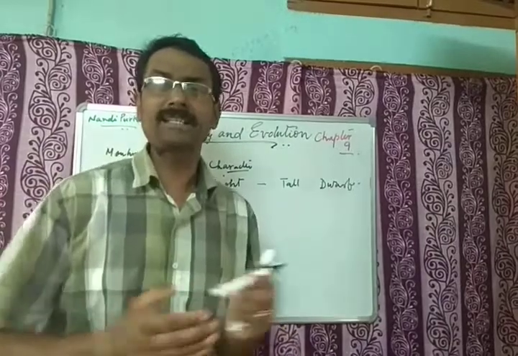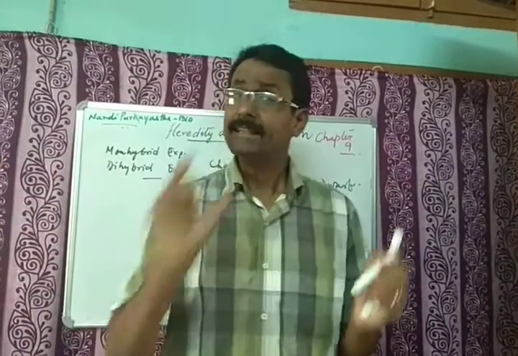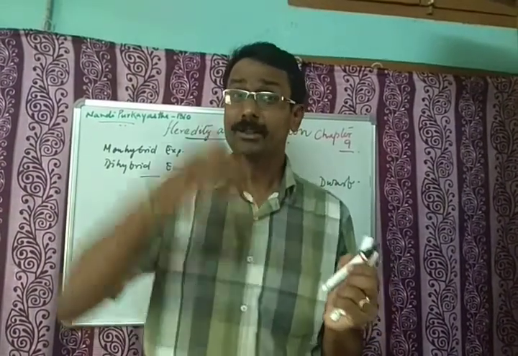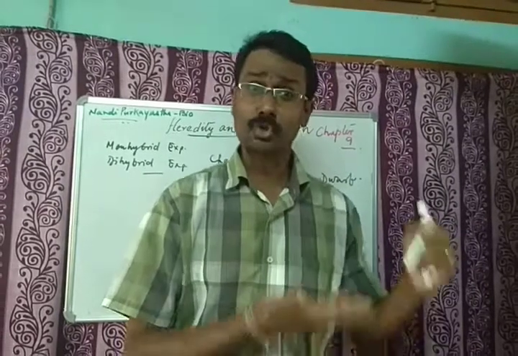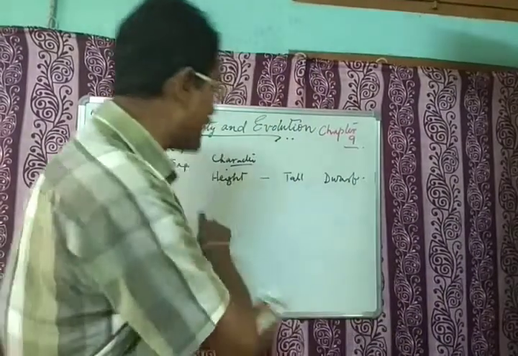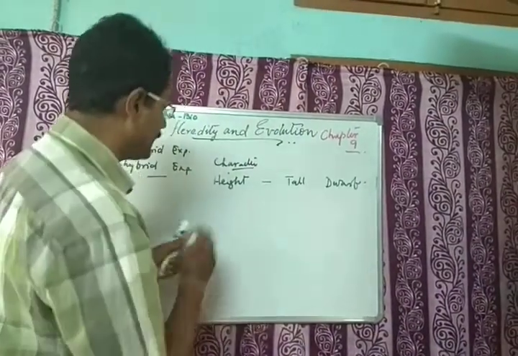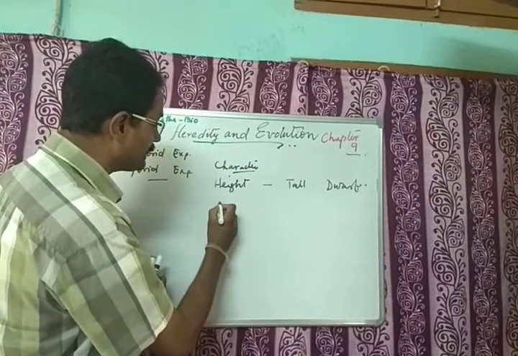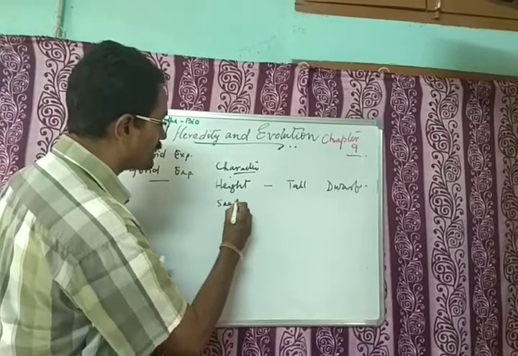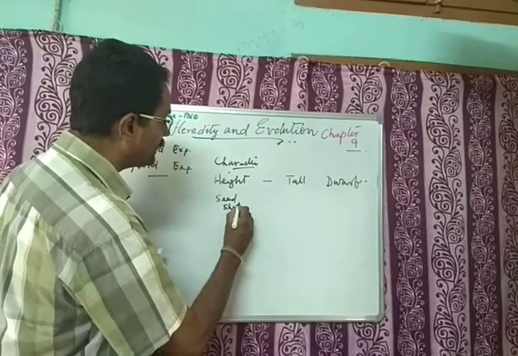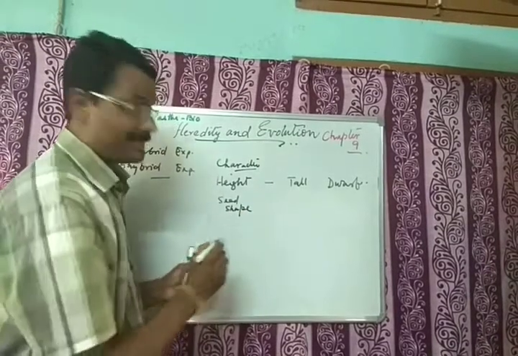If I tell you the person has height, that doesn't mean that the person is tall. He may be dwarf also, short also, because height has 2 contrasting characters. Another, you take the seed shape, because he was working with the pea plant.